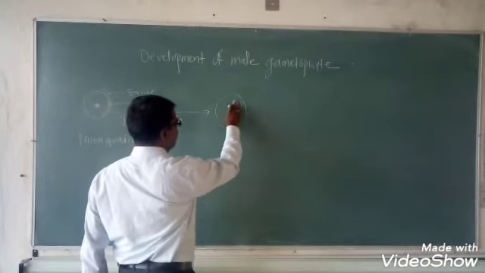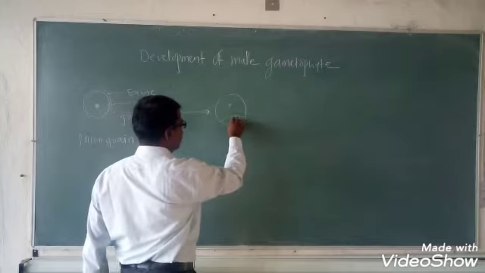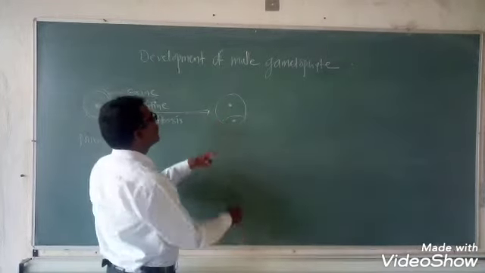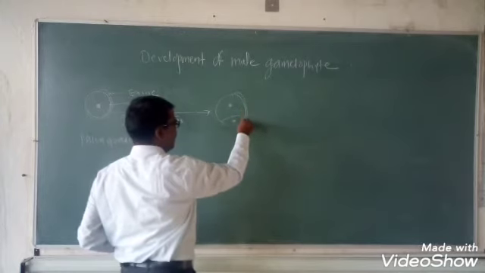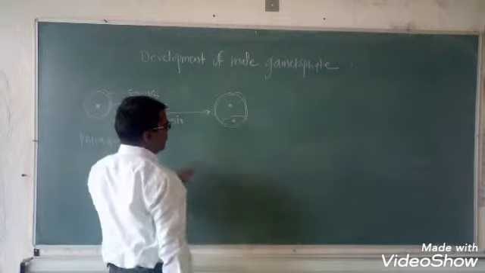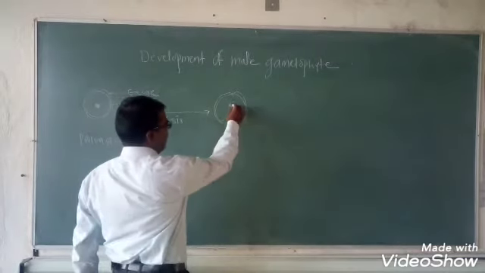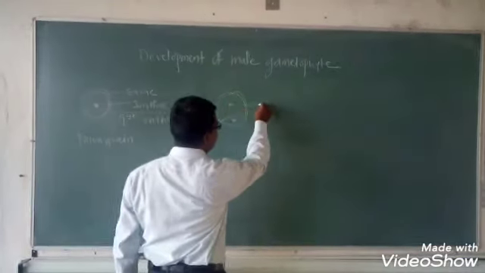One is the smaller cell, another is the larger cell. This is the exine, and this is the intine. And these two cells: the outer larger cell is called the vegetative cell.